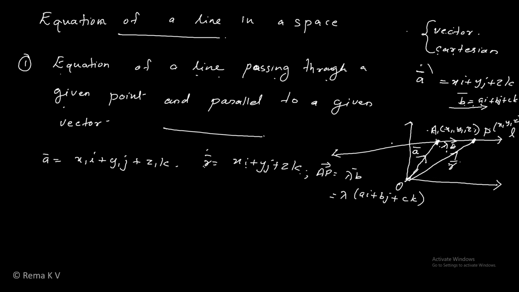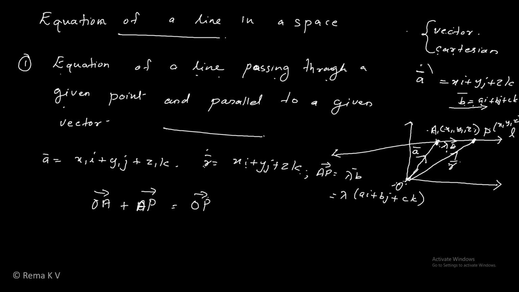Okay, now here we can apply the triangle law of addition. See, O, A, P, three points are here and three vectors are here. We can apply the triangle law of addition. OA plus AP gives OP.